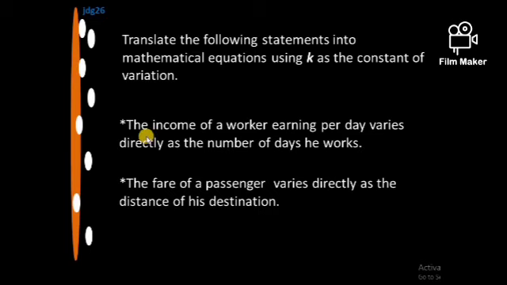So ang una dyan ay income of a worker. So i-represent natin siya as letter I, as income, and the number of days, i-represent natin siya as letter D. So meron tayong dalawang variable dyan, which is I for the income and D for the number of days.